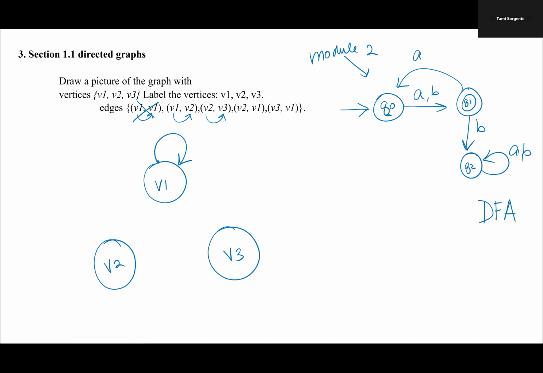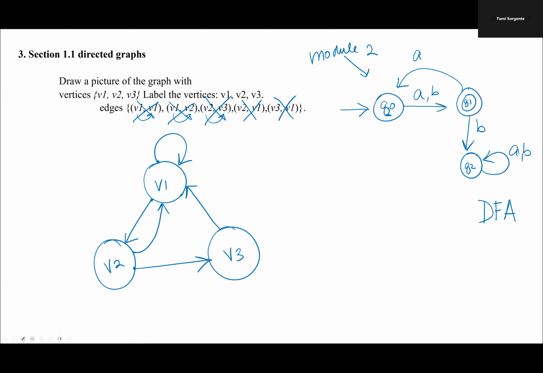Now I have an edge that starts in V1 and goes to V2. Notice that they are directed. They have arrows. Then I have an edge that starts in V2 and goes to V3. And I have one that starts in V2 and goes to V1. And I have one that starts in V3 and goes to V1. So this is the answer for this question.